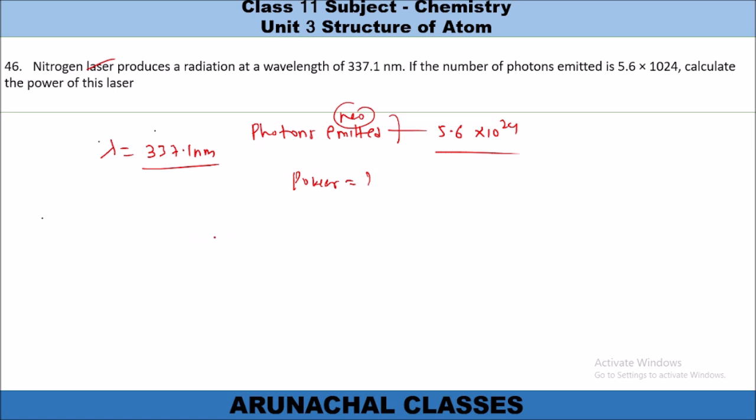So we can have the relationship E equal to N h nu. N represents the number of photons, h is the Planck constant, nu is c upon lambda. Just put the values.